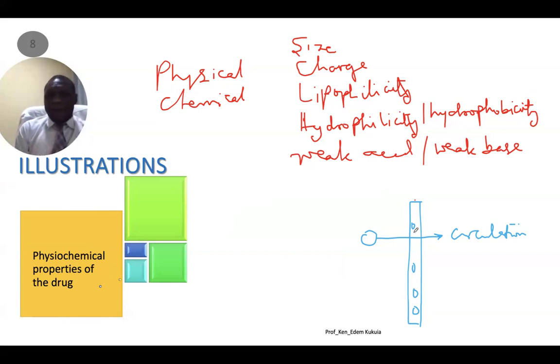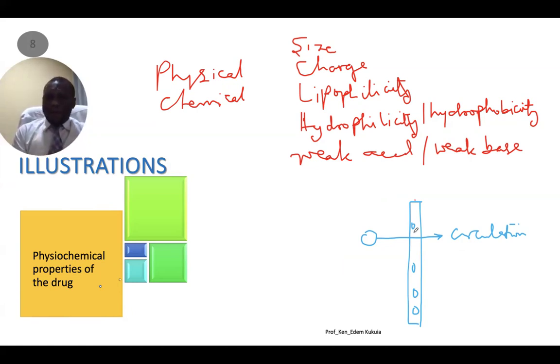Now, when we talk about hydrophilicity or hydrophobicity, here hydro means water, philicity means love for something. So if we say the drug is hydrophilic, it means that it loves polar medium or a medium that has water. If we say hydrophobic, then it means that it hates or does not like to associate with mediums that are polar.